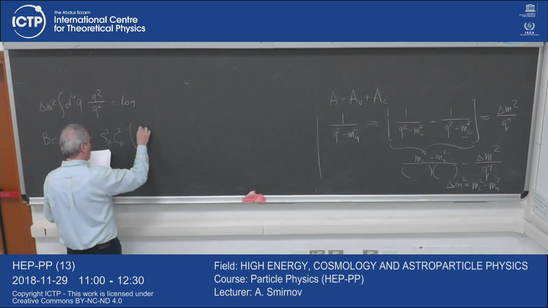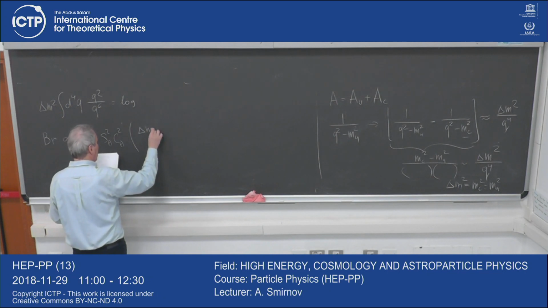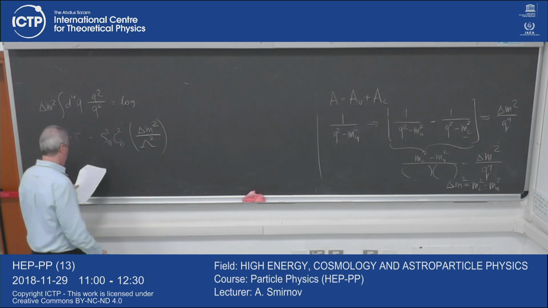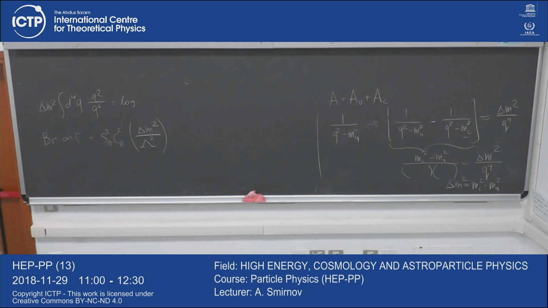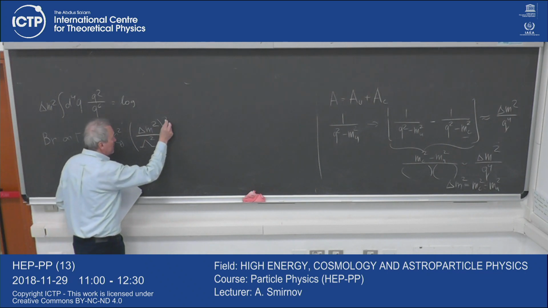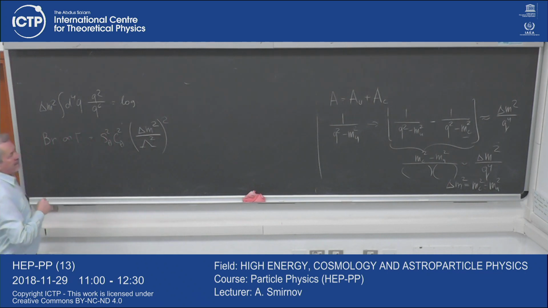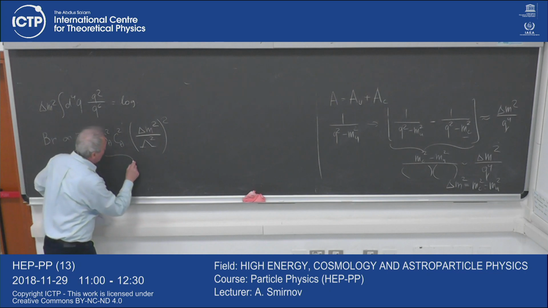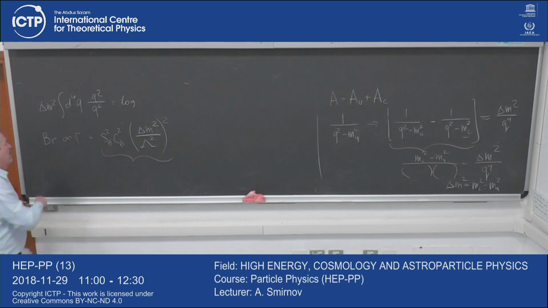And here I need to put delta m squared over lambda squared, and lambda is the cutoff. And that should be squared, because that appears in the amplitude and then in the probability it should be squared. So this is an additional factor which appears in the rate.